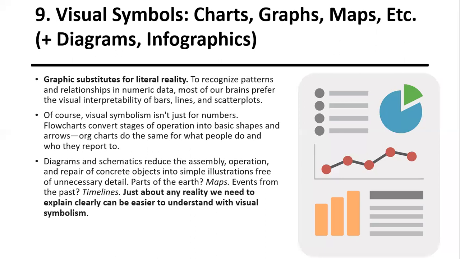Another concrete example of this is maps. If you want to emphasize the continents or specific places, maps. For events from the past, we make timelines, like timelines in the history of literature or any other events.